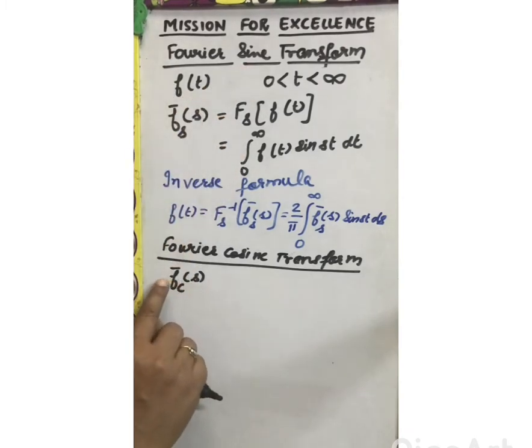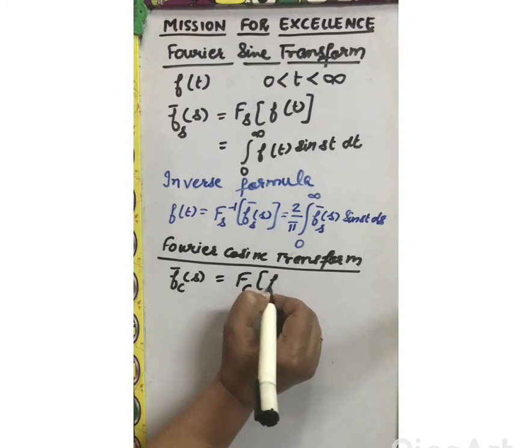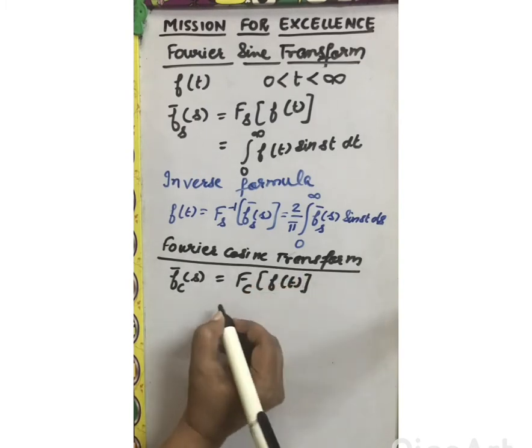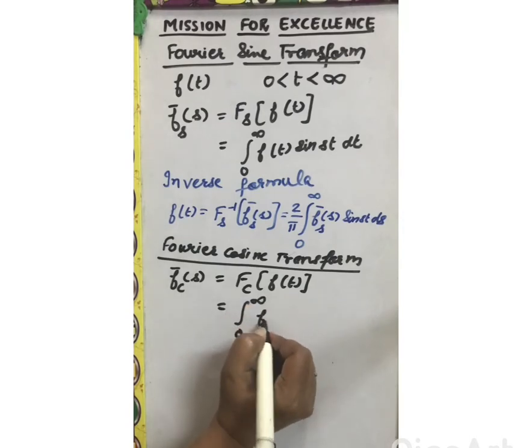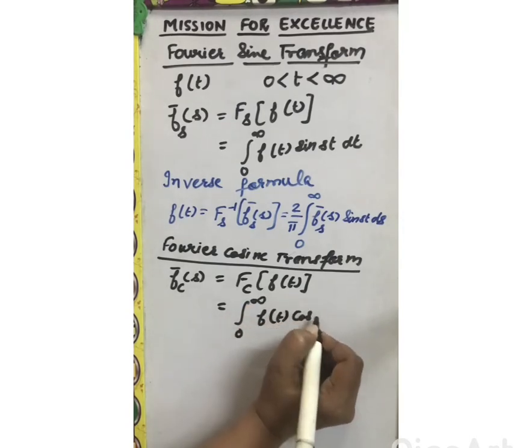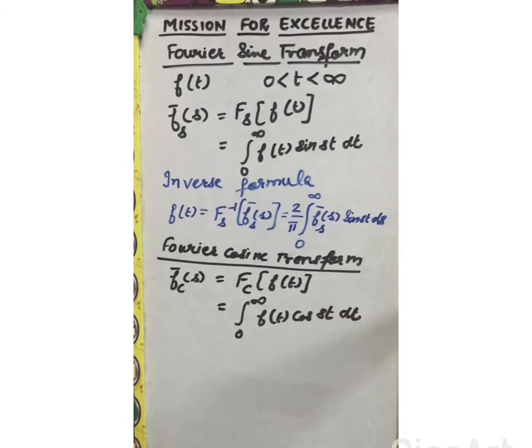Here also this is a function of s, and this lower suffix c is known as the cosine transform. That is equal to the Fourier cosine transform of f(t), and is calculated as 0 to infinity f(t) cos(st) dt. So in this we take cos(st).